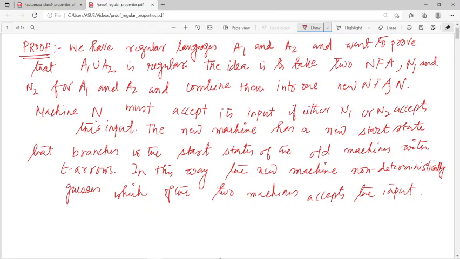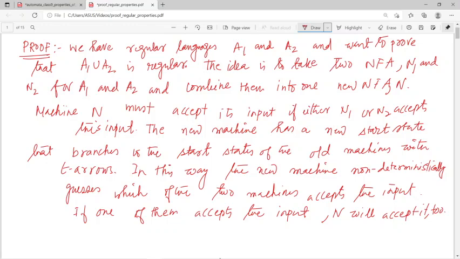If one of them accepts the input, then N will accept it. তার মানে আমি একটা ইনপুট ফেলেছি N এ, সেই ইনপুটটা আমি কি করেছি, এপসাইলন দিয়ে সেটাকে আইদার N1 এ অথবা N2 কে পাস করিয়েছি, যেখানেই যাক না কেন নন ডিটারমিনিস্টিক ওয়ে। যদি সেটা অ্যাকসেপ্ট করে, তার মানে N টাও সেটাকে অ্যাকসেপ্ট করছে। তার মানে if one of them accepts the input, then N will accept it too.